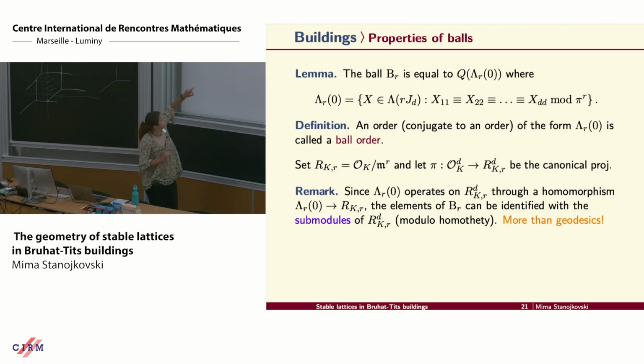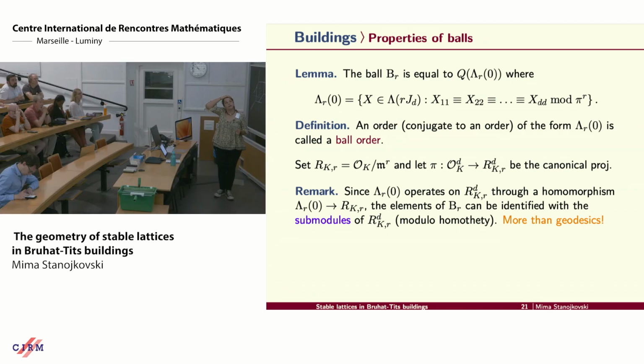By definition, our ball order will operate by scalar multiplication on this truncated module. So we can think of the elements of the ball as all the submodules, modulo m to the r, of course, of this truncated module.